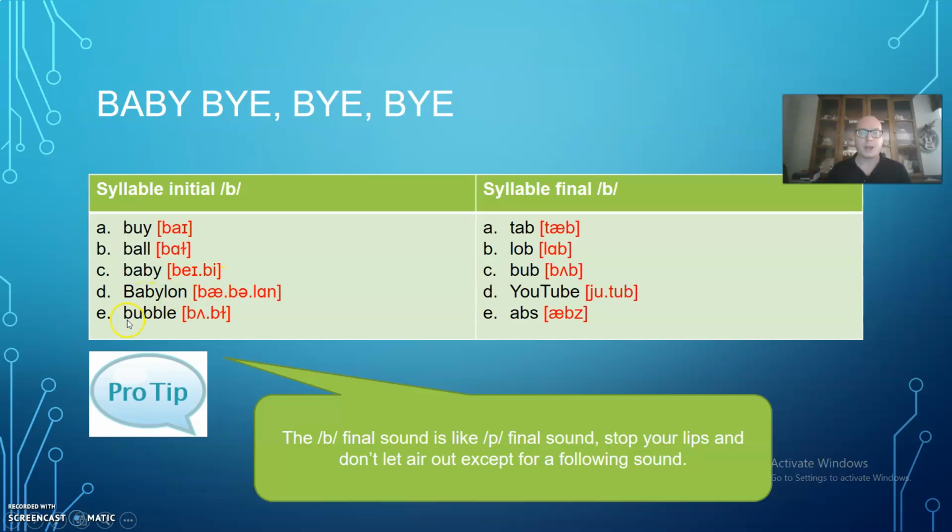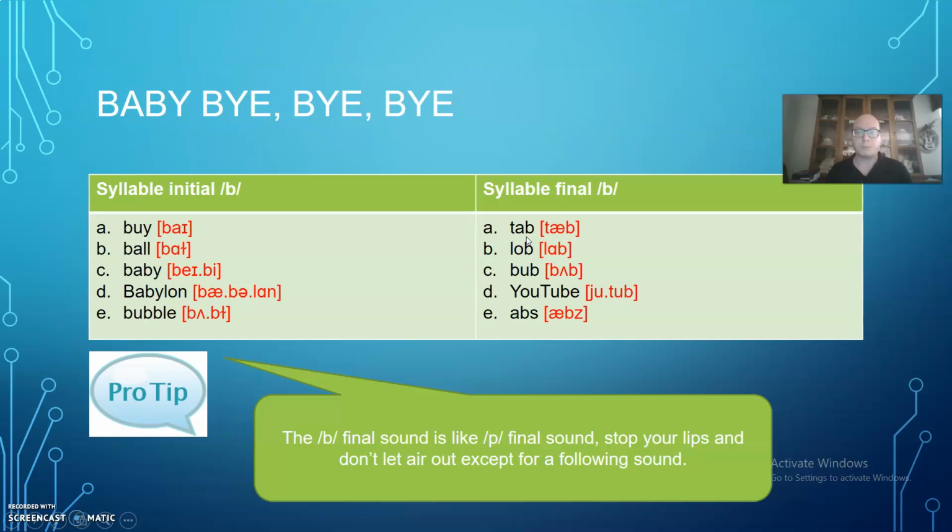Babylon and bubble. But syllable final b sound is similar to the p sound. Okay, that's also a pro tip today. It's similar to where we close our lips and we end the sound, unless there's another syllable following, and usually the b sound will create that, just as we saw with baby, Babylon, and bubble.